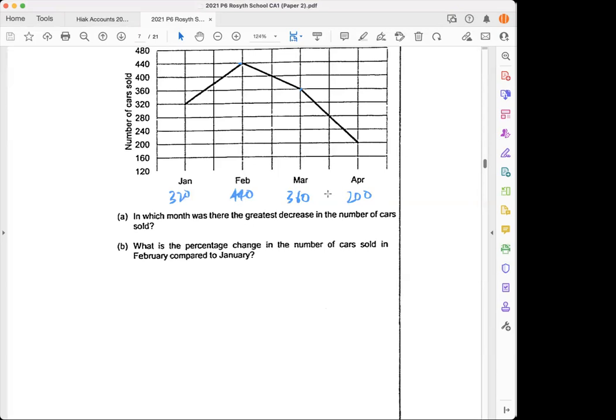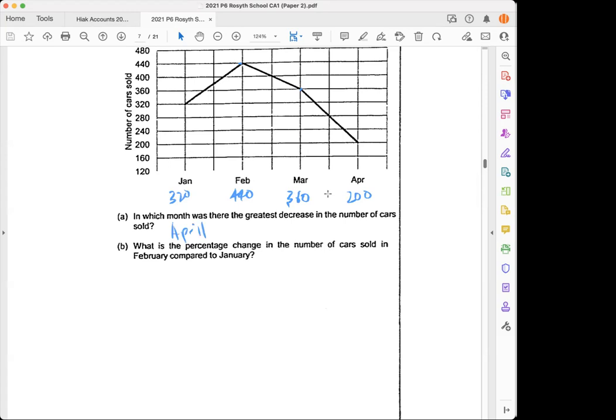But if you don't trust your visual, another thing you can do is to subtract. 360 minus 200 is 160. 440 minus 360 is 80. 320 to 440 is up. So 80 compared to 160, obviously 160 has the most dip in the number of cars sold. So the answer for A will be April.